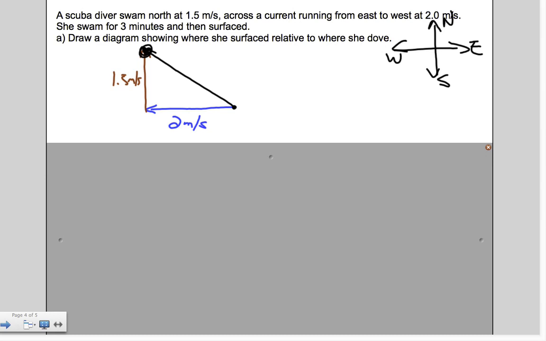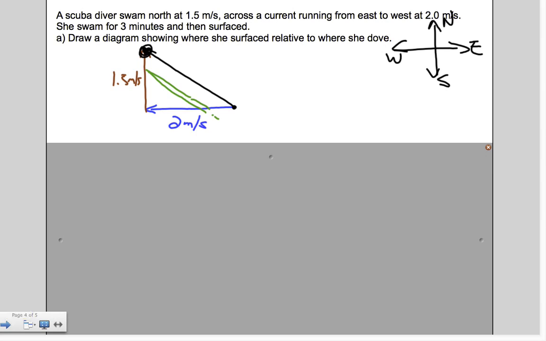She's in a current, so you have to consider her being pushed. She's trying to swim north, so she's going like this, but she's getting pushed. She keeps her body straight north all the time, but she's getting pushed. That's where she winds up.